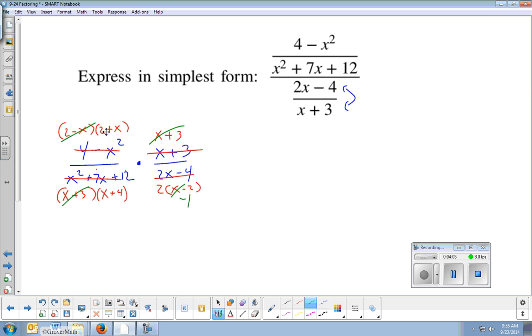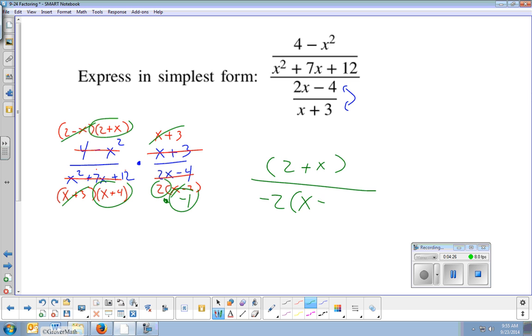We cannot simplify anything further. So what we have on top is a 2 plus x, and what we have on the bottom is an x plus 4. Let me circle what's left over: an x plus 4, a 2, and a negative 1. I can multiply the 2 and negative 1 to be negative 2, and then the x plus 4.